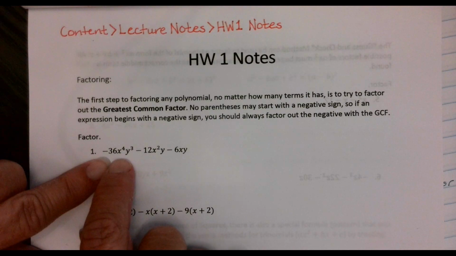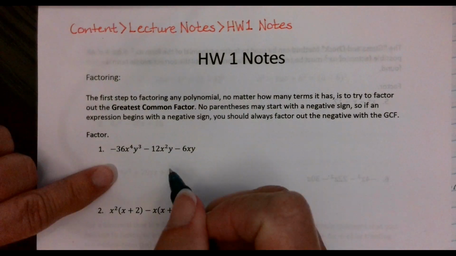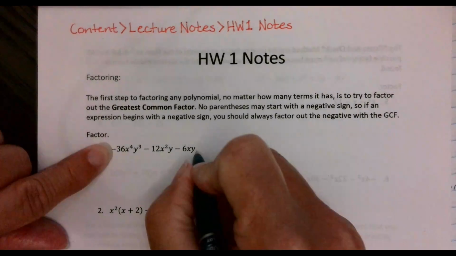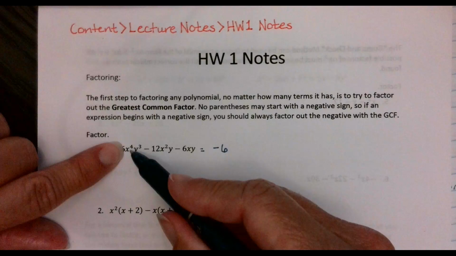So what we're going to do is look at the 36 and find what goes into all three of them. That would be 6, but because this leading term is negative, we are going to factor out a negative 6. Then the x's: 4 x's here, 2 here, and 1 here.